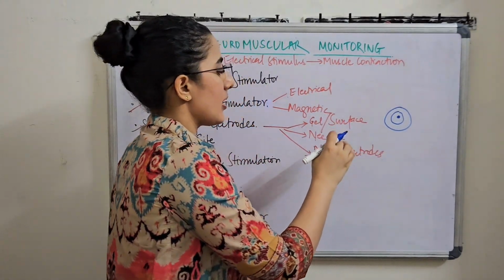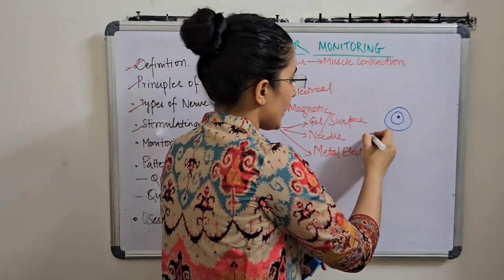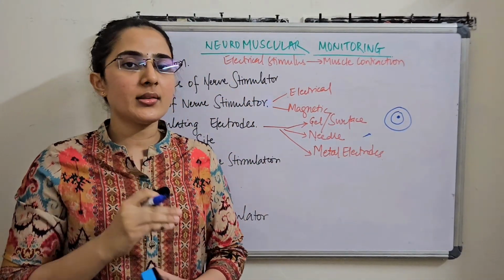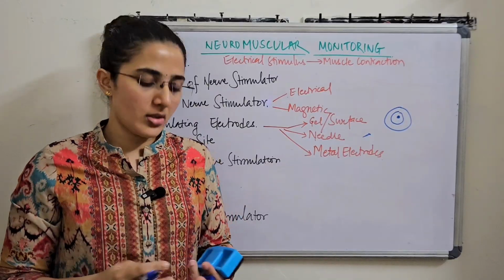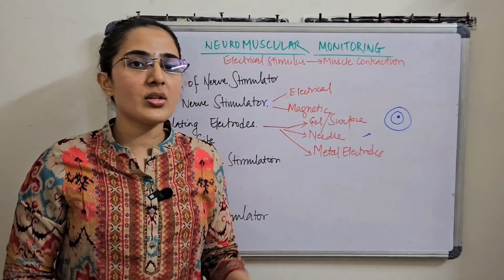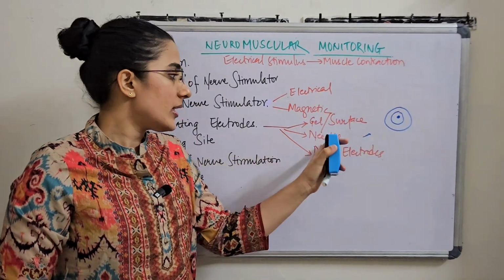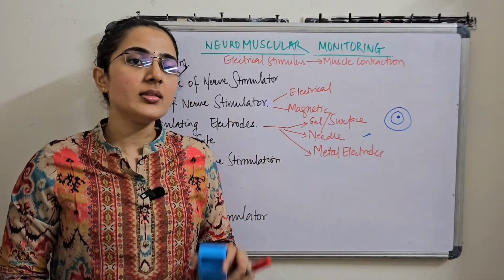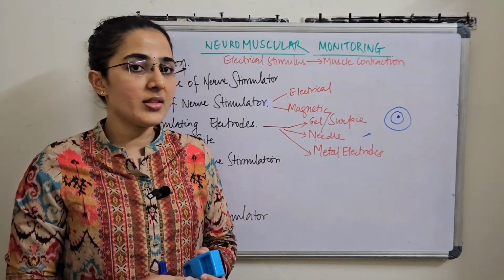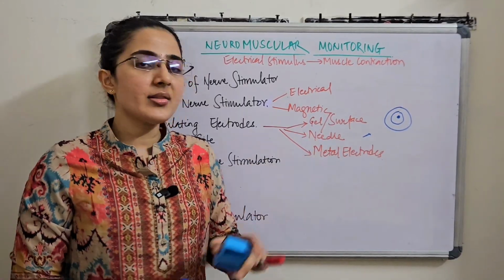Needle electrodes are those which contain needles. The needles are placed along the path of the nerve in the subcutaneous tissue, or in the vicinity of the nerve, whereas gel-based electrodes are superficial or surface electrodes.